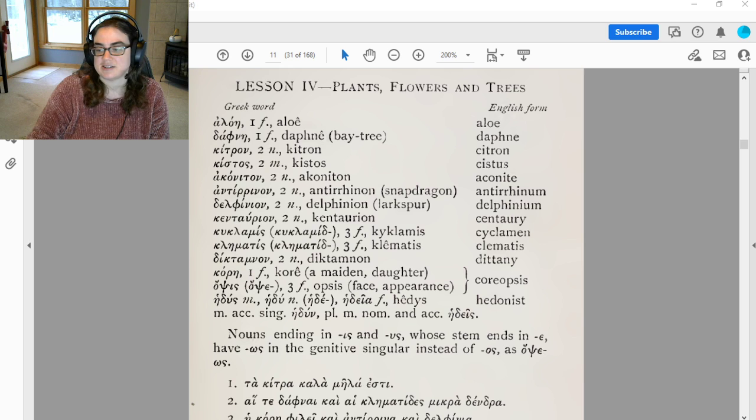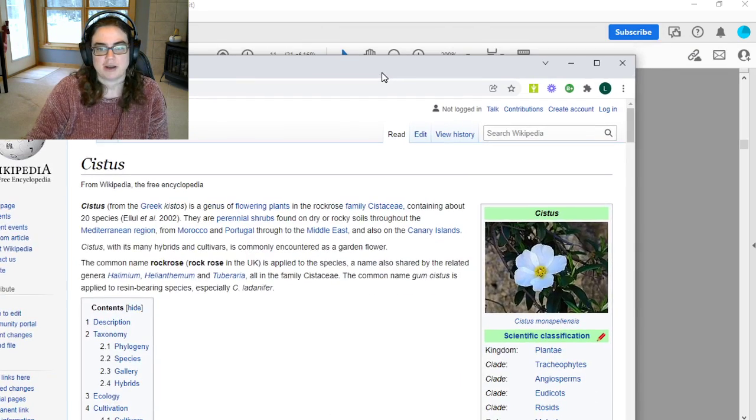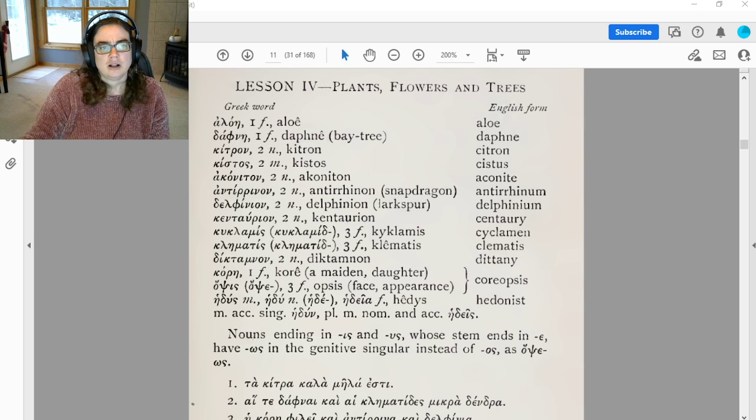Kistos is the kistis. Is that also like a citron? Oh, no, it's just a pretty flower. Pretty flower. Aconite, aconiton, leopard's bane. I know that one. It's poison. Antirrhinon, a snapdragon.